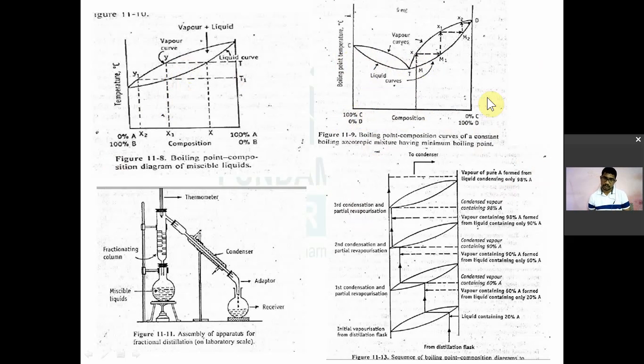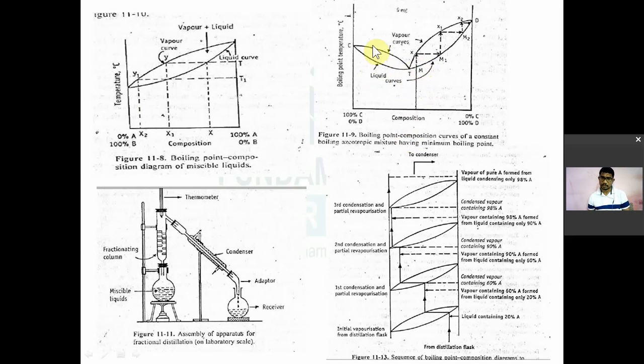So what happens in this? When the temperature at which component C gets vaporized is reached, that is the vapor curve for component C, and this is the liquid curve for component C, for the mixture of both. Now at this point there is only 50% composition.